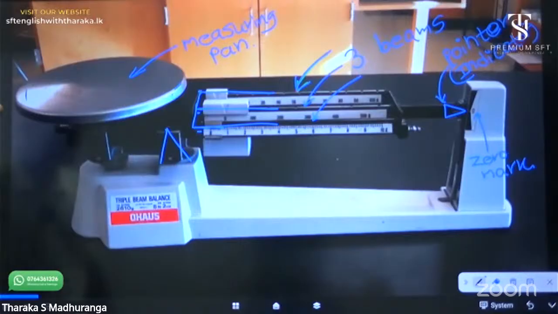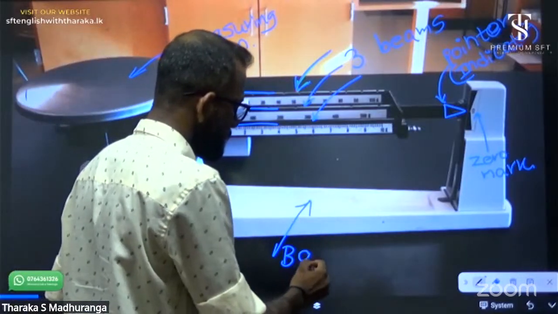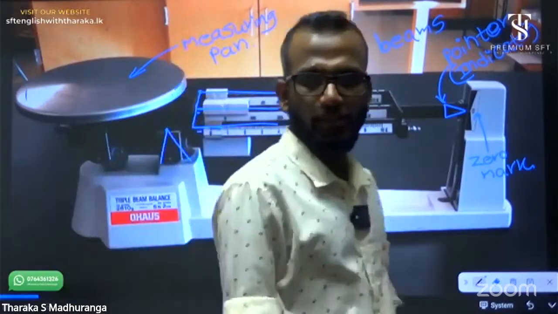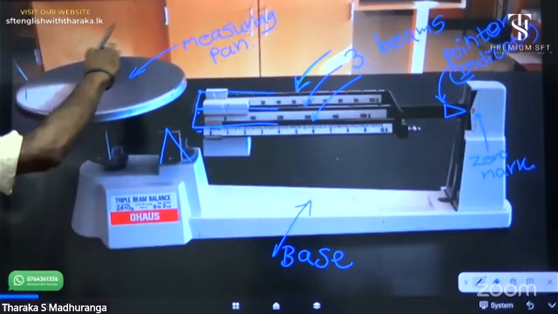This is a base, and this is a measuring pan.